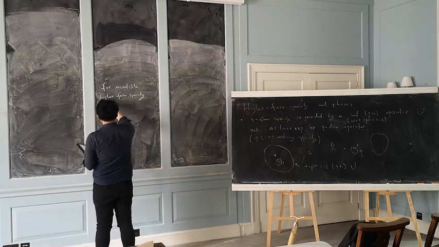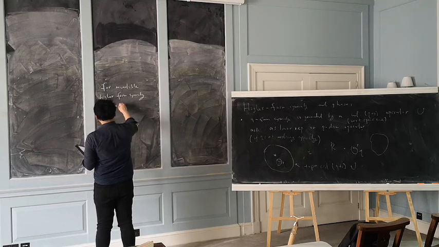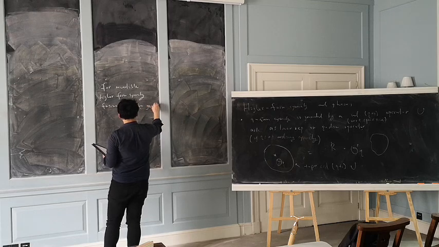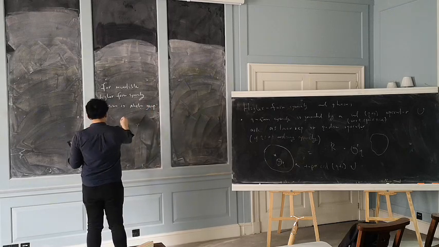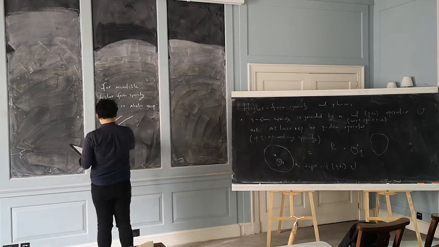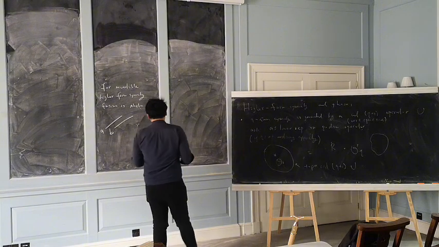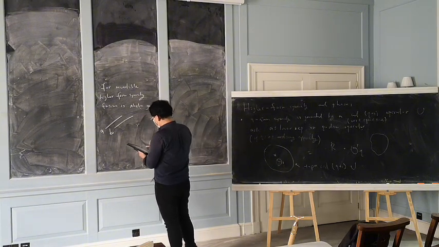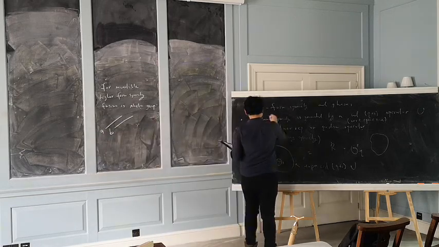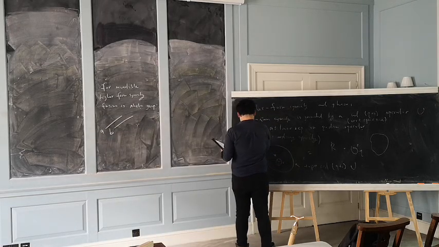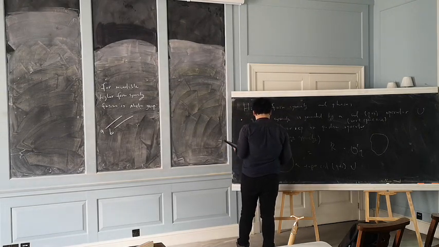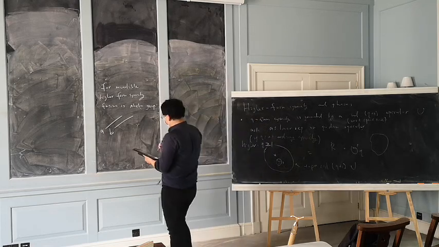So for invertible higher-form symmetry, the fusion is an abelian group. So to understand this, you can try to fuse a generator A and generator B. So those are generators of the higher-form symmetry. So here higher means that Q is greater than or equal to 1. So it's not the ordinary symmetry.